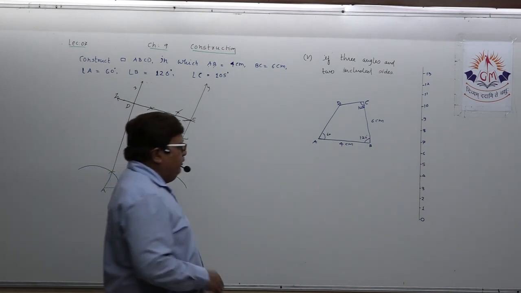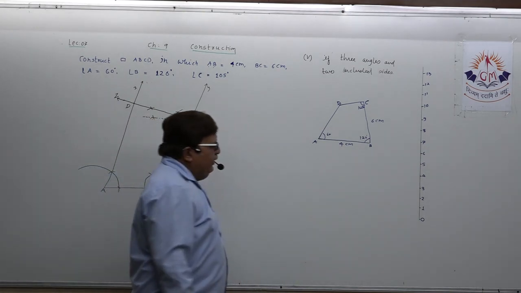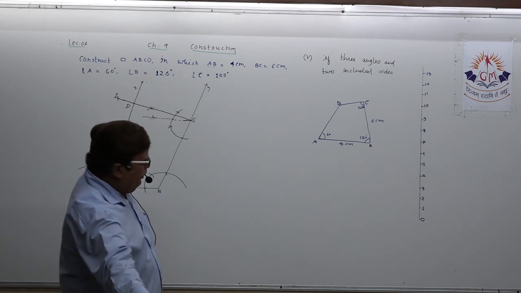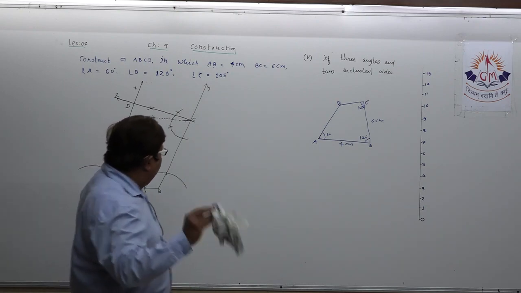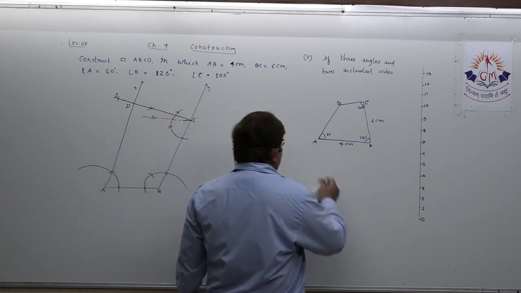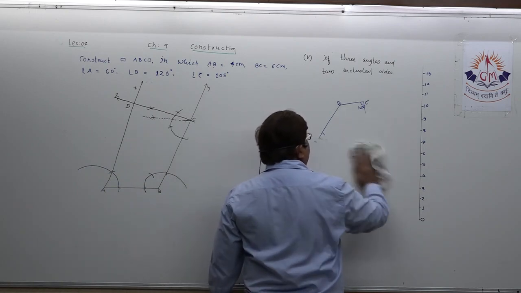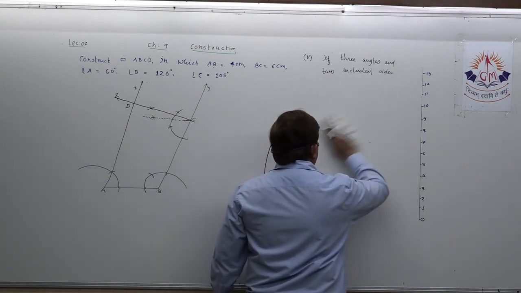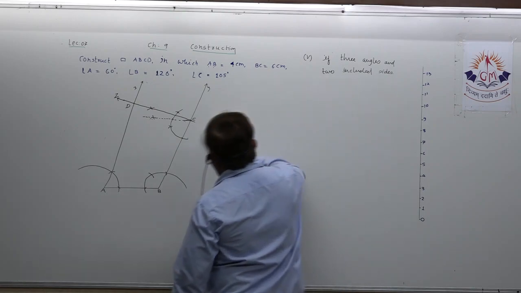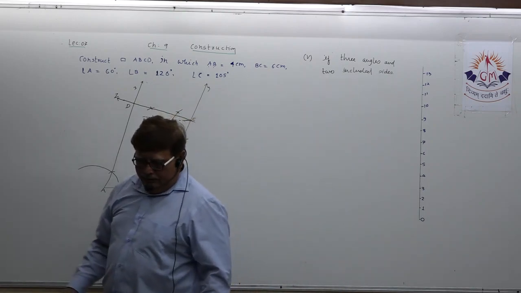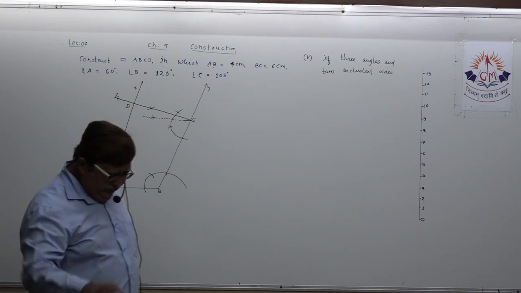Now the construction is over, and next are the steps of construction. While we are writing the steps of construction, I am just erasing the rough sketch, okay? And let us write all the steps of construction, okay?